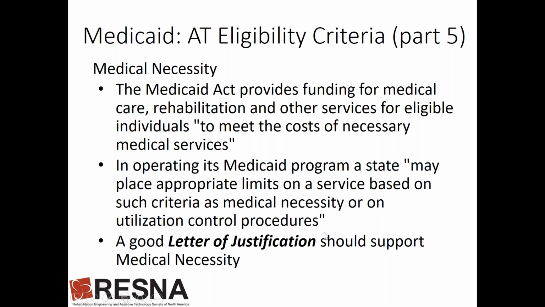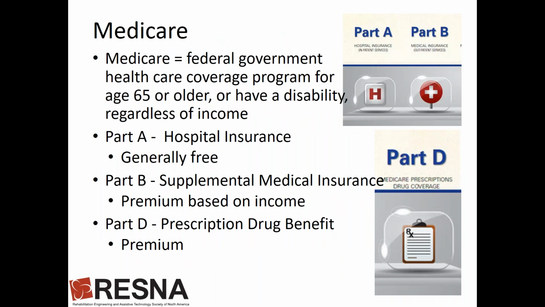So now we have Medicare. Medicare is the federal government health care for someone 65 or older, or who has a disability. In order to be eligible for Medicare, you have to have a disability for 2 years or longer. So when somebody is injured and they have, let's say, private health insurance, they no longer can get to work, they get Medicaid, and they have that disability for 2 years, it'll then trigger into Medicare.